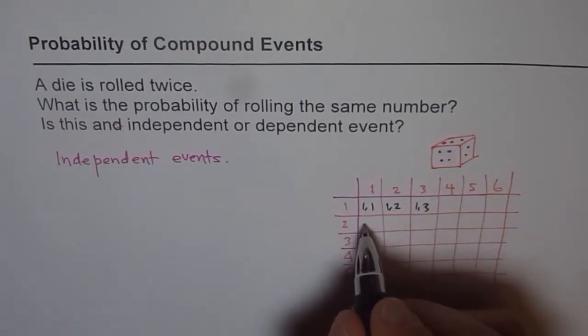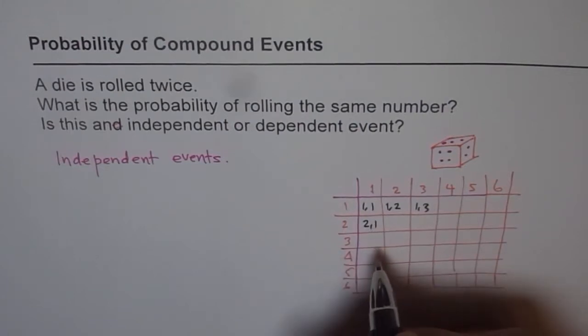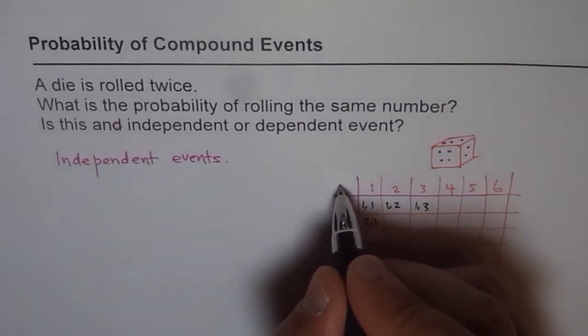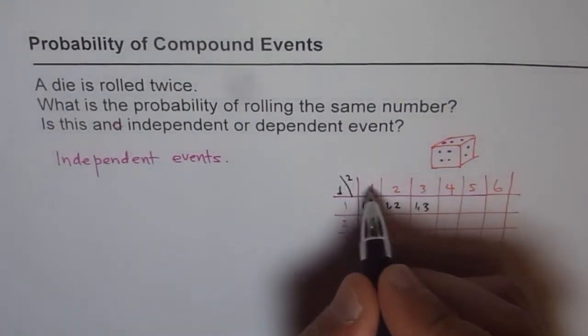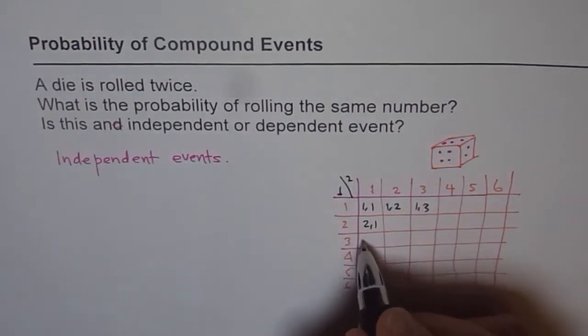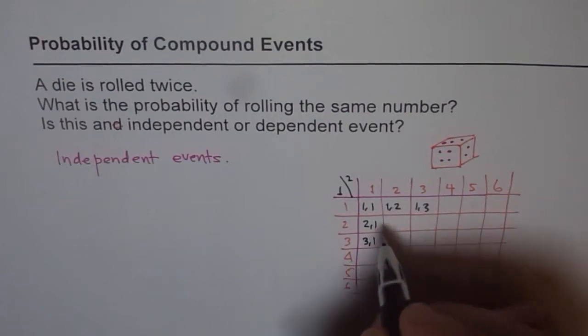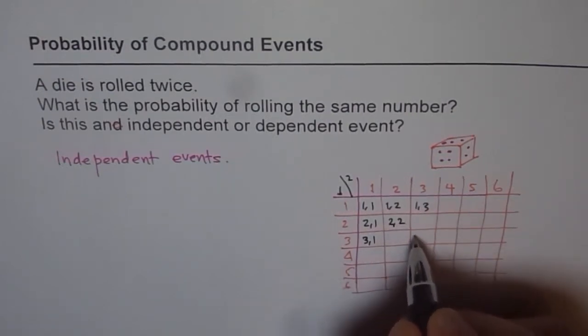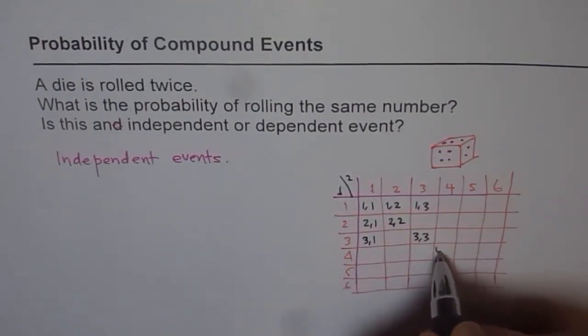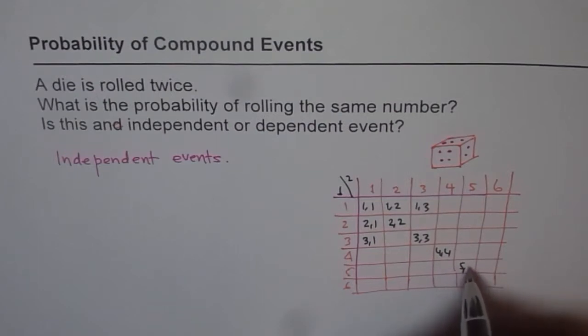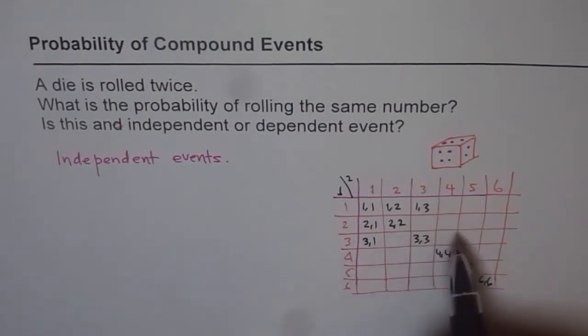Now in this case, it will be 2, 1, right? Let us say this is our first, and that is second, right? And this will be like 3, 1, correct? So you'll notice that right in the middle of the row, we have 2, 2, 3, 3, 4, 4, 5, 5, and 6, 6, right? And in all, there are 6 times 6, 36 outcomes, right?